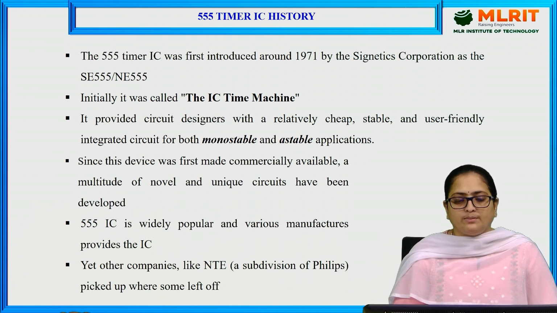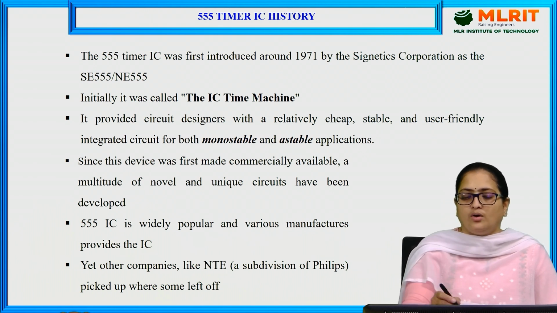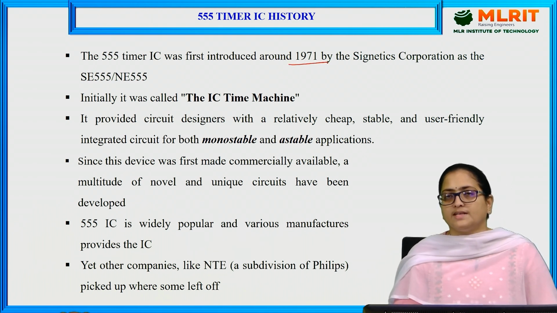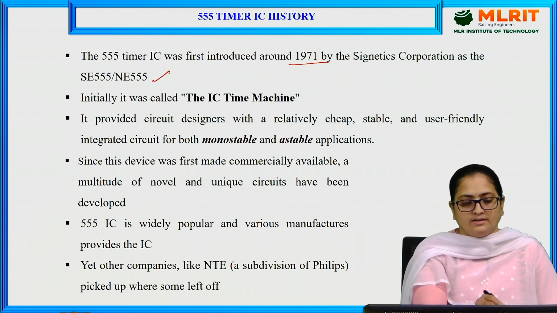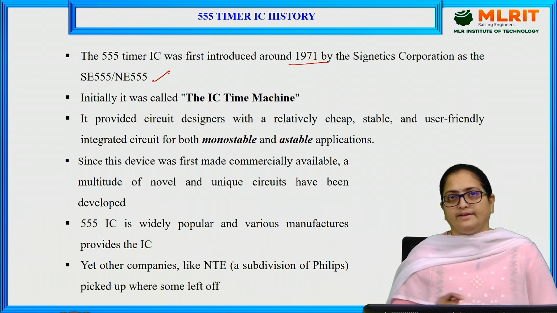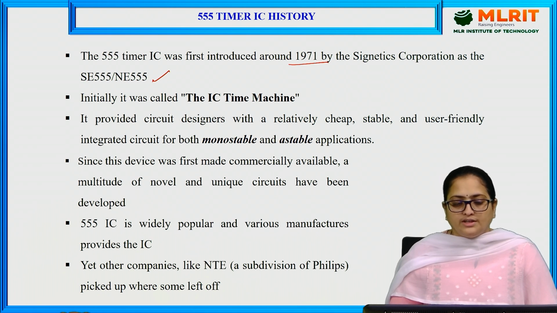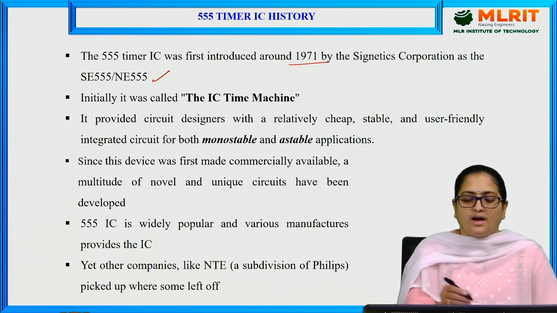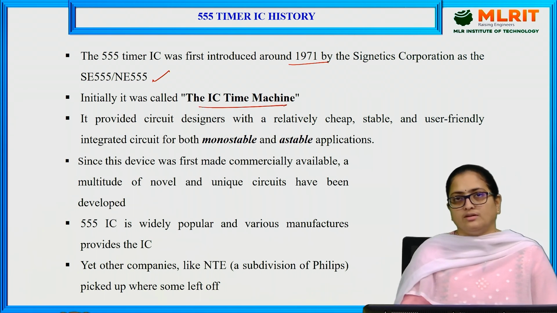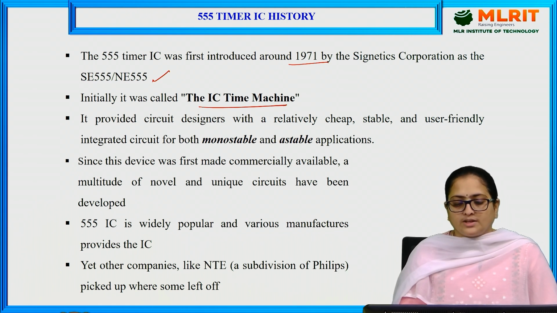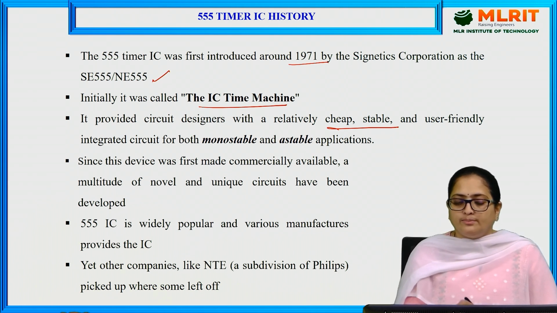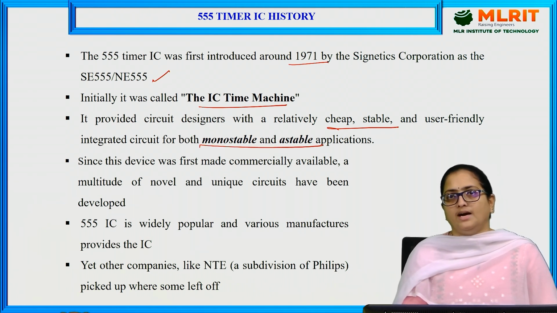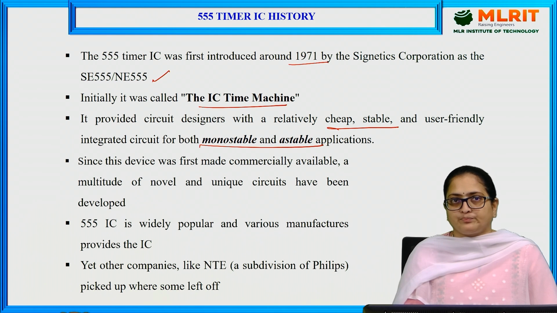The 555 timer IC was first introduced around 1971 by Signetics Corporation as SE 555 or NE 555. Initially, it was called IC Time Machine. It provides circuit designers with a relatively cheap, stable and user-friendly integrated circuit for both monostable and astable applications.